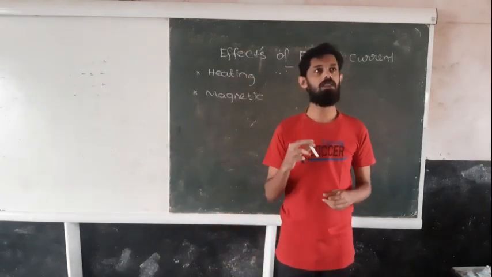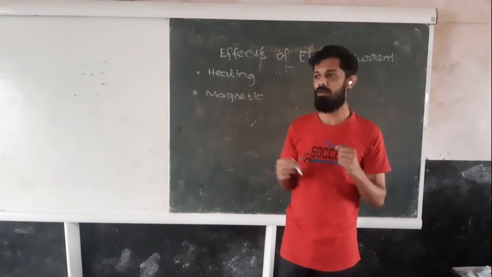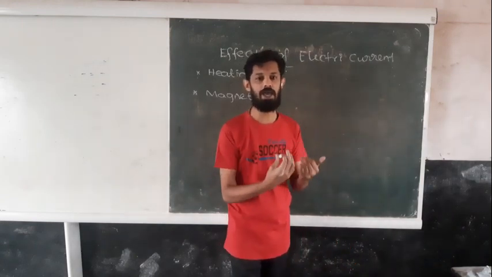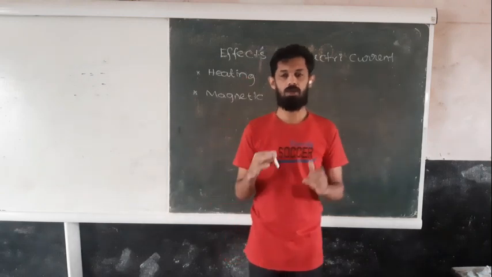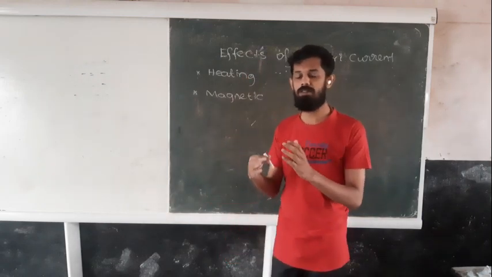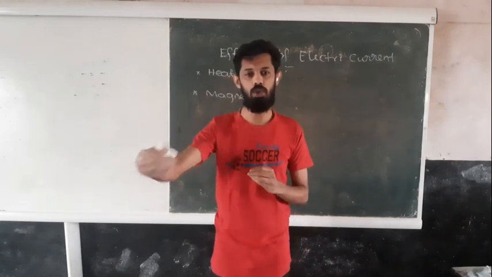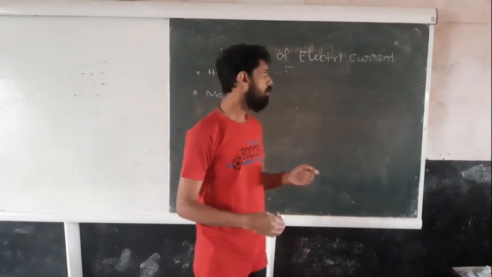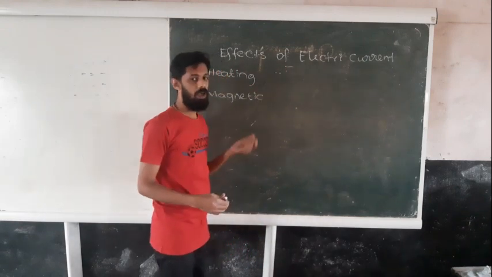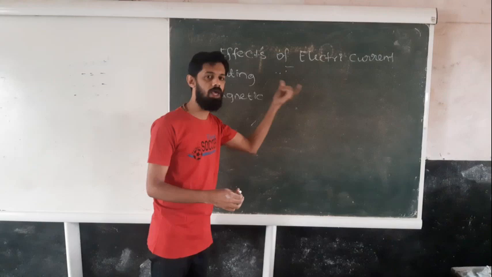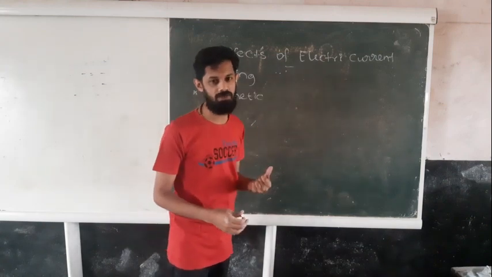When we use that in an electric fan, we are giving electrical energy and the output we are receiving is mechanical energy. So everywhere we can see some type of conversion of electrical energy to another form. In the same way, we are going to study two effects of electric current in this chapter.